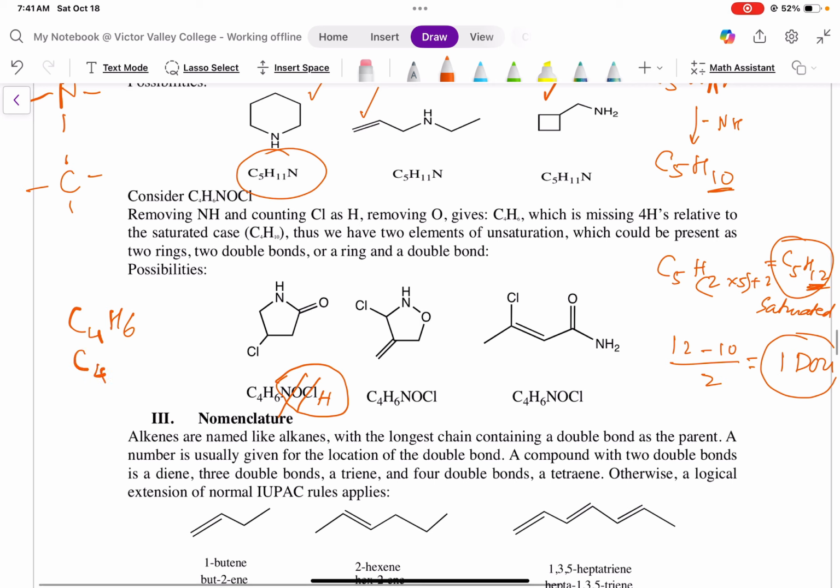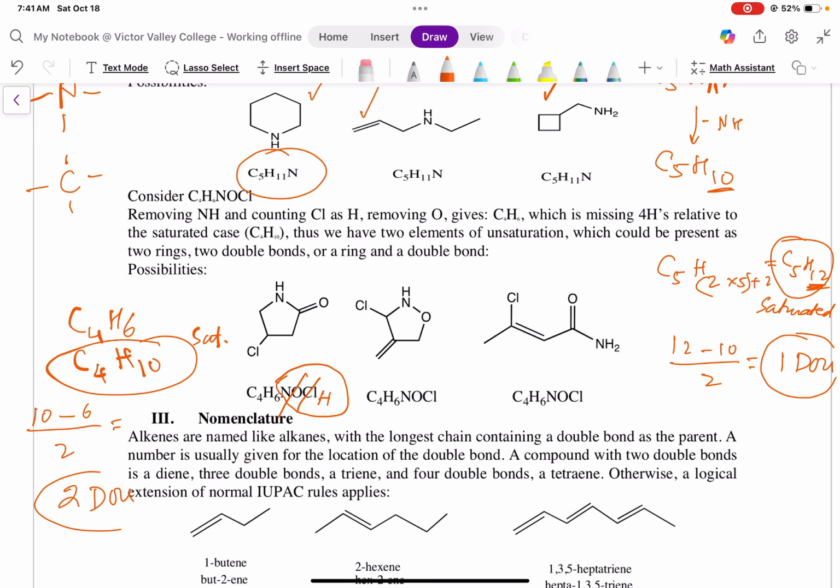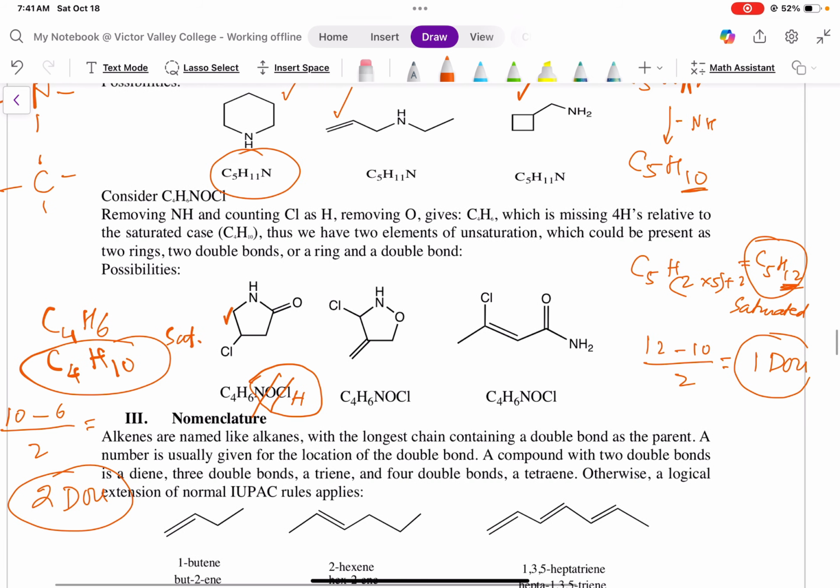Well, C4, we're supposed to have H2 times 4, that's 8 plus 2 is 10. That's saturated. So it's 10 minus 6 divided by 2. We have 2 DOU, which makes sense. It's got a ring and it's got a double bond, or two double bonds.